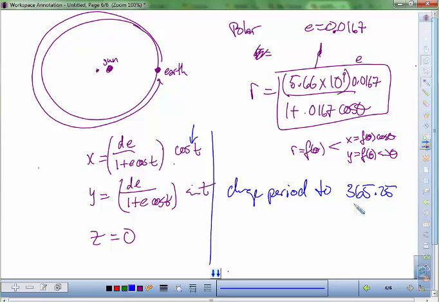So what should the multiplier be? So essentially what I'm trying to say is that we want to insert a b next to the t so that we have a period of 365.25. So what do we need to do?